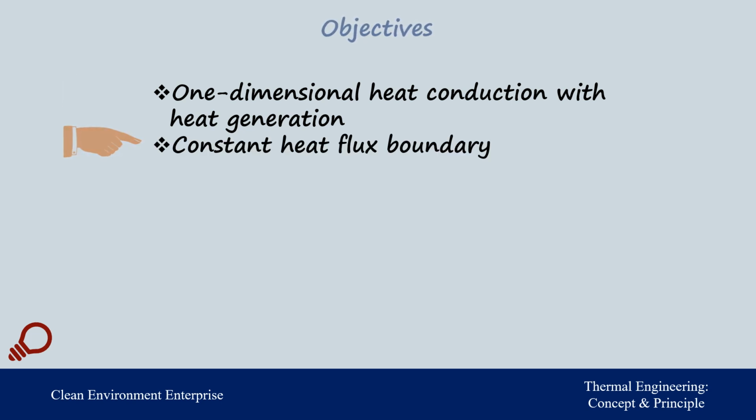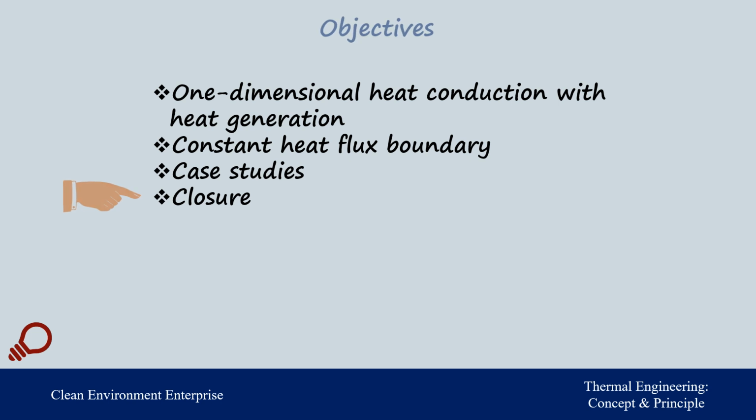We will use a boundary condition called constant heat flux at the wall. Some case studies will be presented and solved for a temperature distribution inside a wall. And finally, we will arrive to the closure of the present episode.